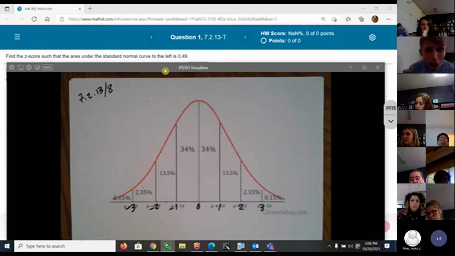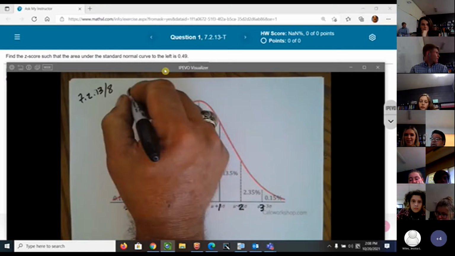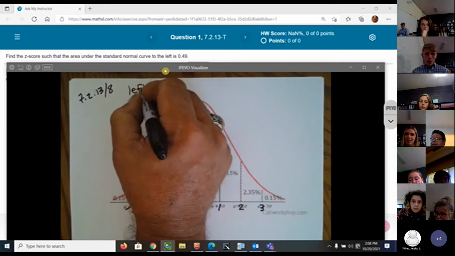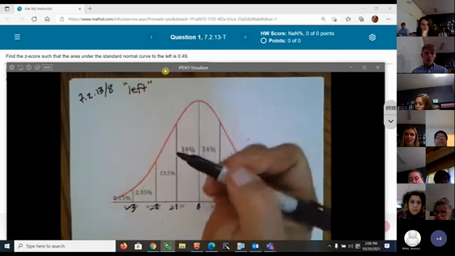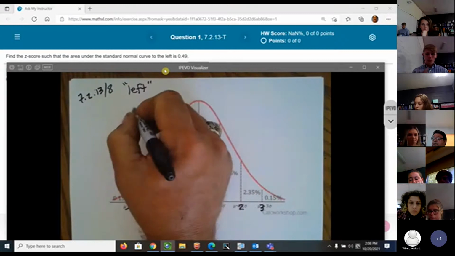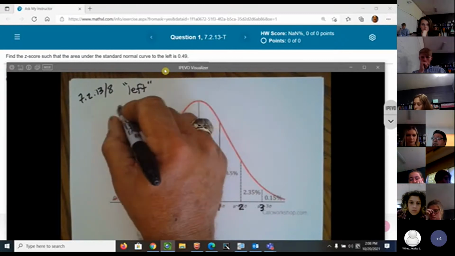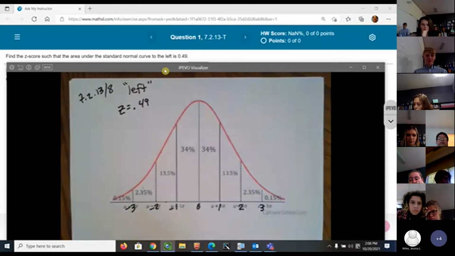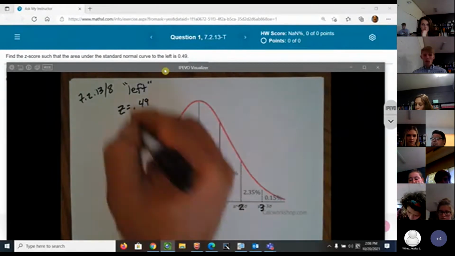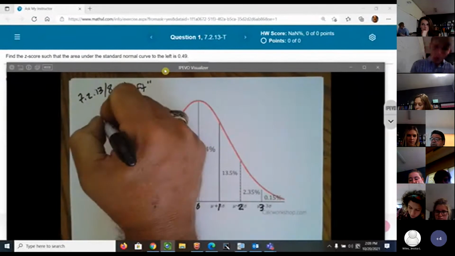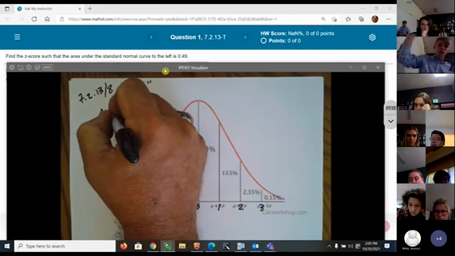And it says we want the area to the left. The area to the left of 0.49. Area to the left of the z-score, 0.49. No, wait a minute. Find the z-score, sorry, where the area is equal to 0.49.